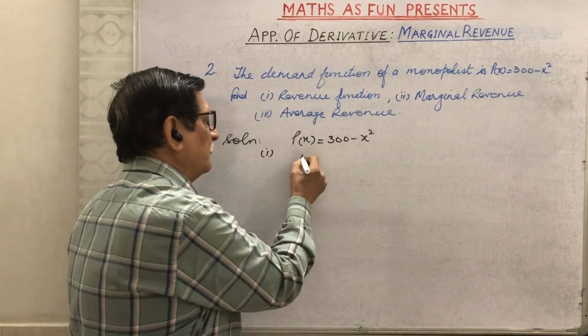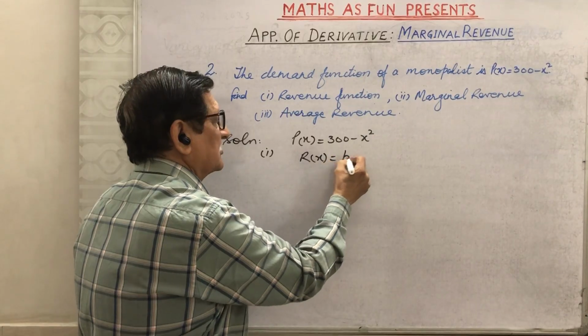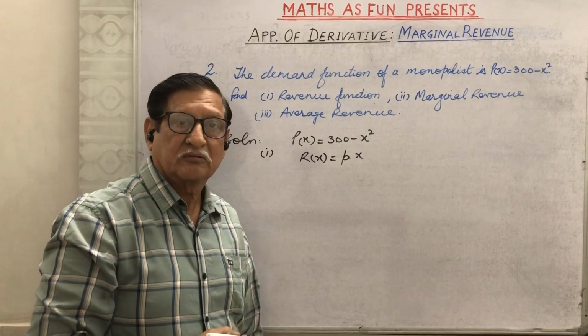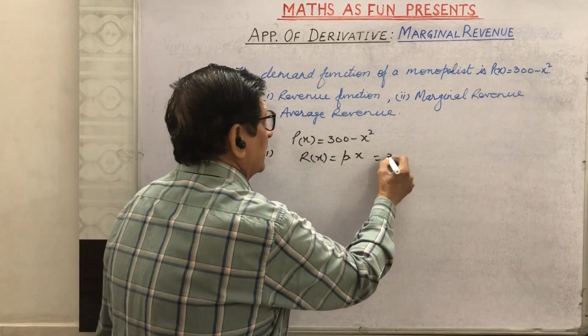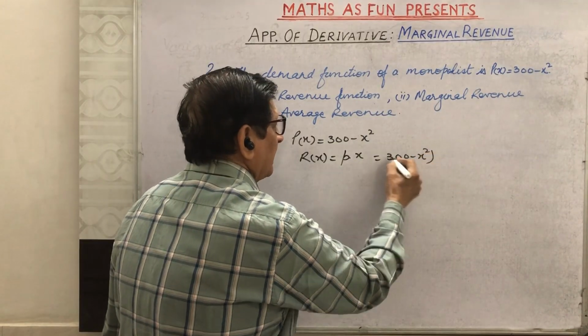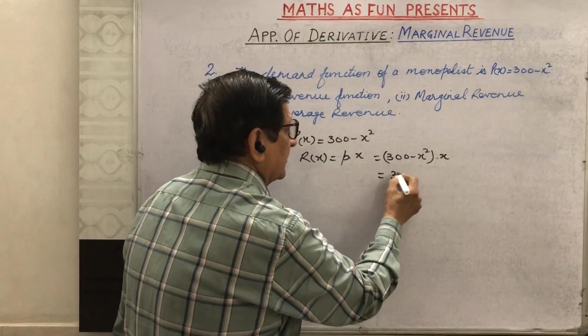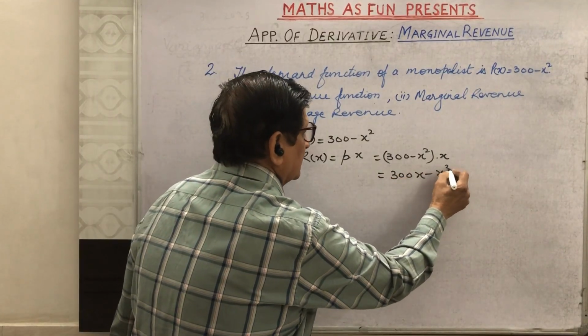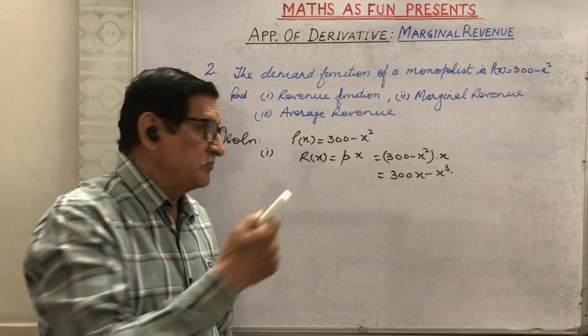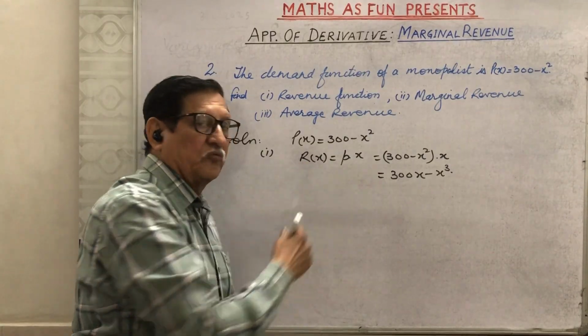To find the revenue function, we know that R(x) is given as p into x. Here p is 300 - x^2, and multiplying by x gives 300x - x^3. This becomes the revenue function.